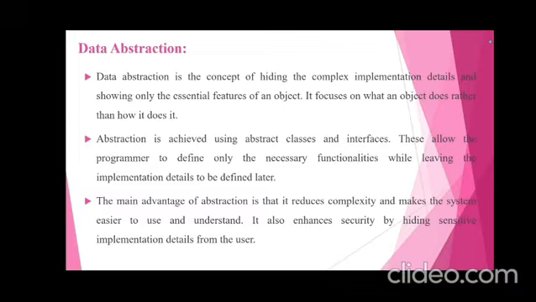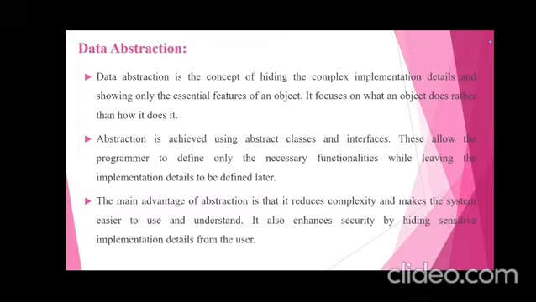The next one is, the main advantage of abstraction is that it reduces complexity and makes the system easier to use and understand. It also enhances security by hiding sensitive implementation details from the user.